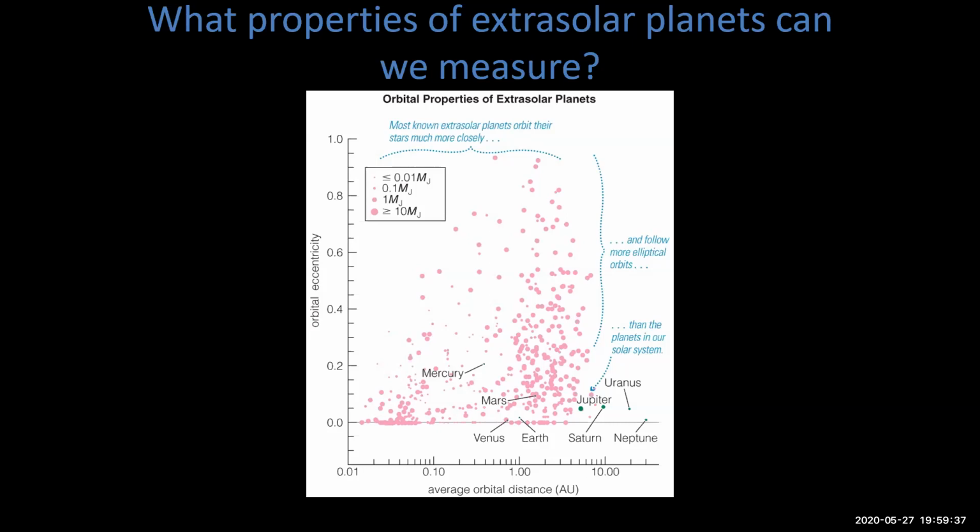It should look like a lot of other planets are even more highly elliptical. There are some that are much, much more elliptical, some approaching 0.9. So that's extremely elliptical. In our solar system, the most elliptical would be Mercury at about 0.2.